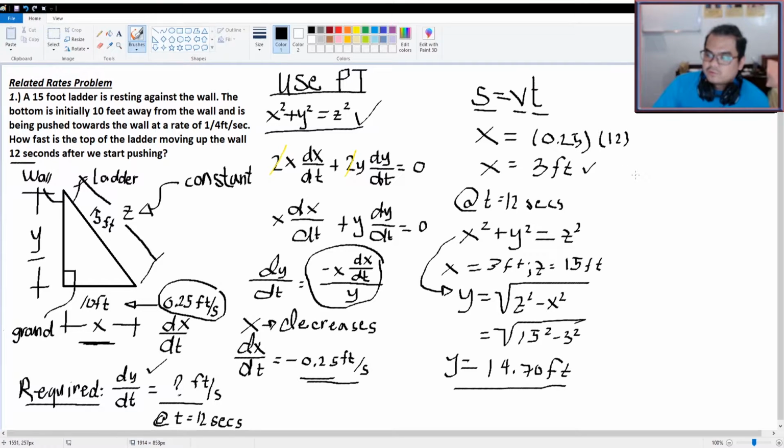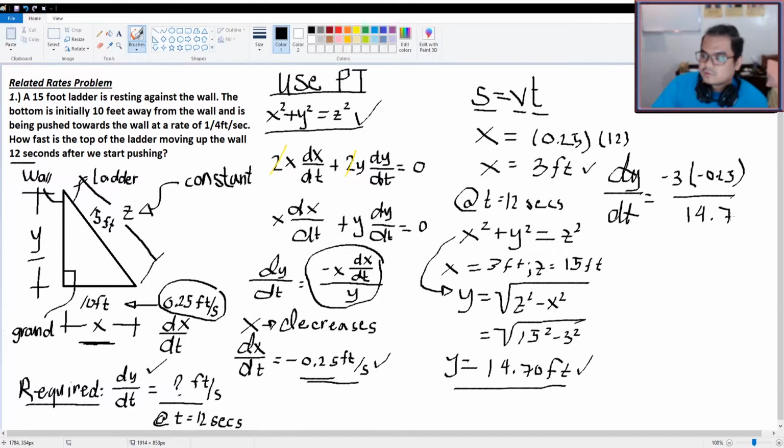Substituting all those values, dy over dt is equal to negative x, that's negative 3, times dx over dt, negative 0.25, all over 14.7.